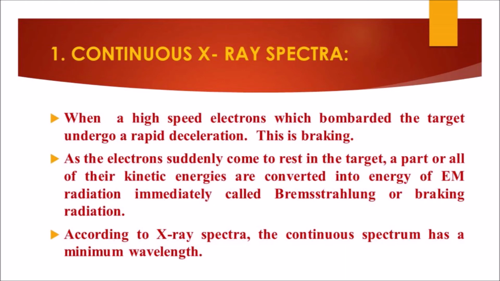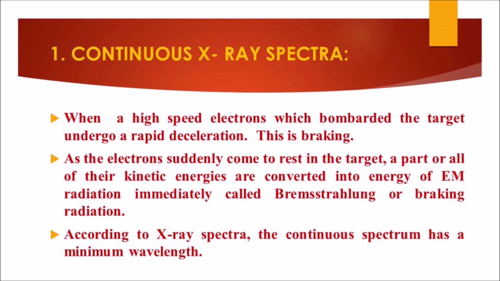When high-speed electrons bombard the target, they undergo rapid deceleration. This is braking. As the electrons suddenly come to rest in the target, a part or all of their kinetic energies are converted into energy of electromagnetic radiation, immediately called Bremsstrahlung or braking radiation.